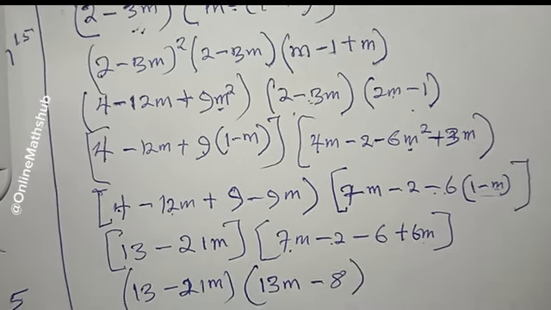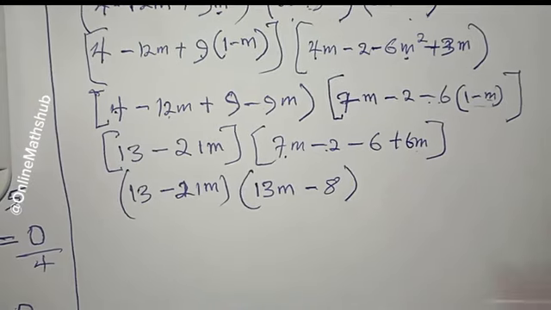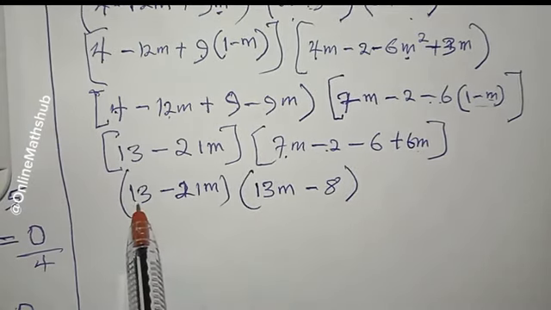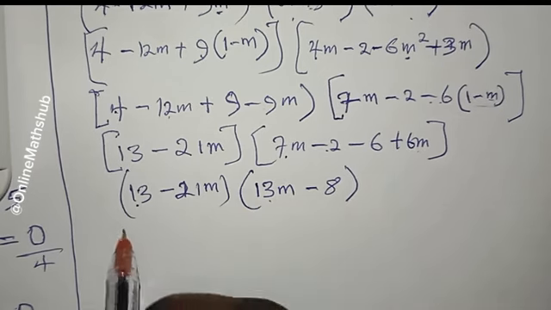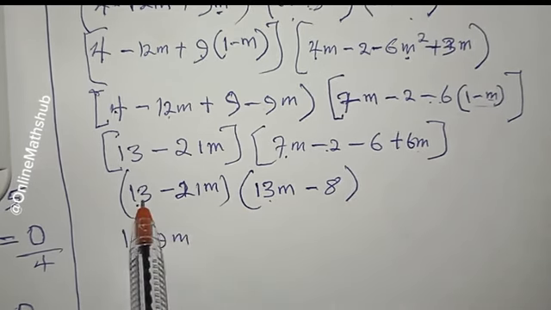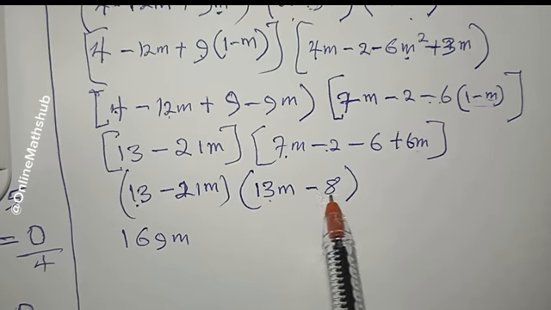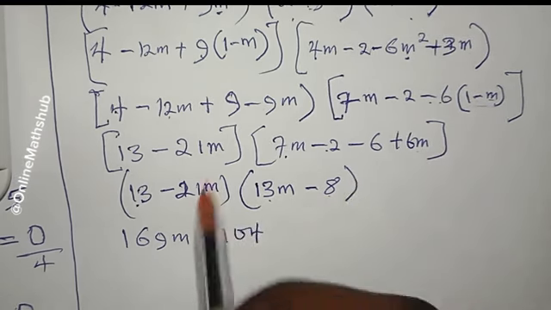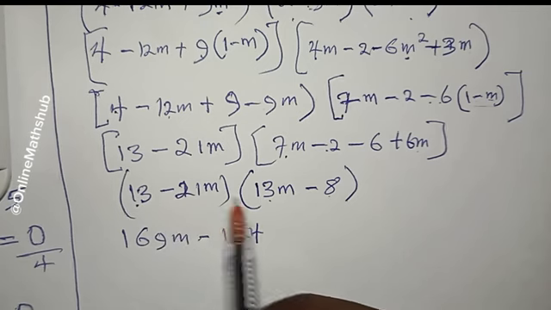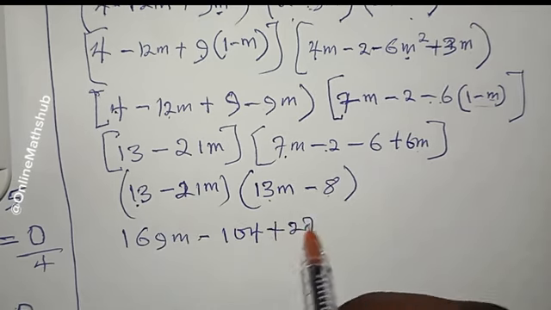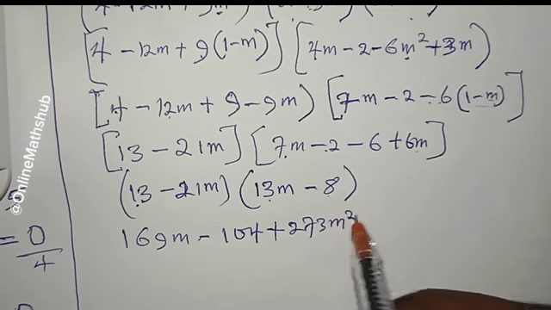Okay, so next time we'll just go ahead to expand the two brackets. I'm going to multiply the two brackets. 13 times 13m will give us 169m. Okay, 13 multiplied by minus 8 will give us minus 104. Okay, and then minus 21m multiplied by 13m will give us plus 273m squared.